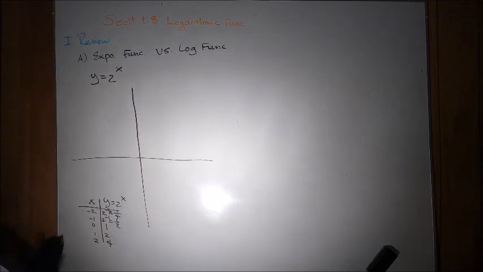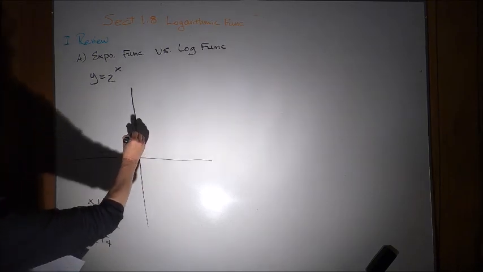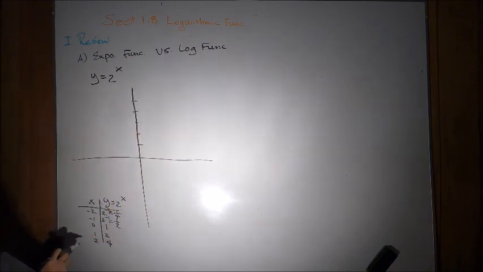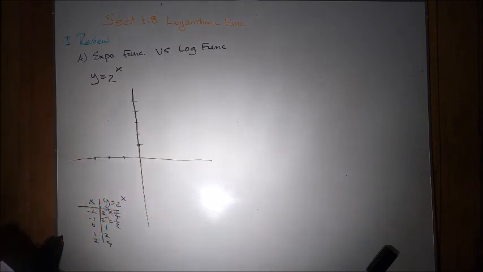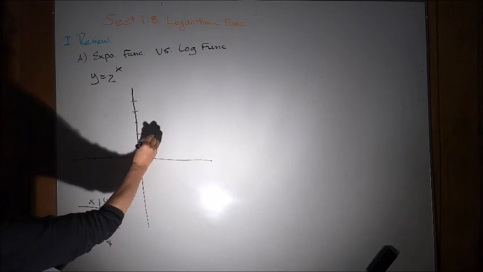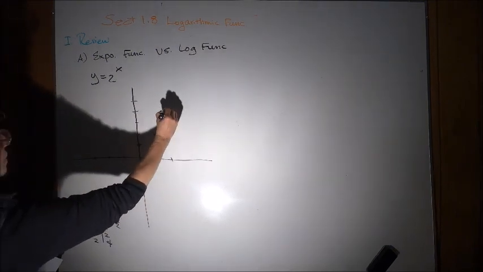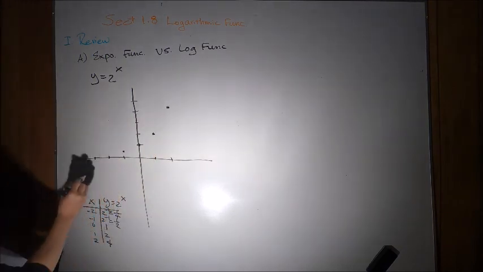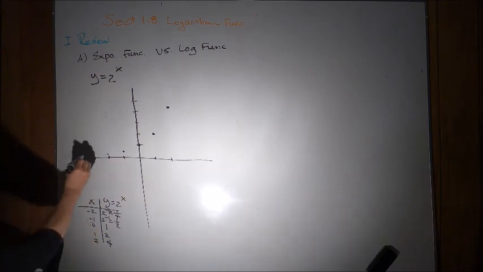So when we graph it, this is an exponential function, right? 2 to the 0 is 1, 2 to the 1 power is 2, 2 to the 2 power is 4. 2 to the negative 1 is the reciprocal, half, and negative 2 would be 1/4.